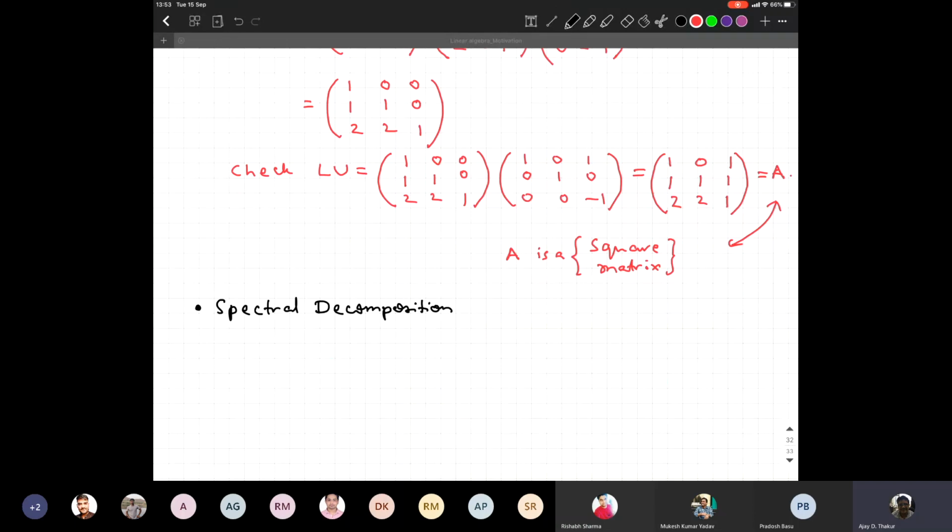So the next decomposition that we are going to look at, we can call it a spectral decomposition, and this has deep connections to quantum mechanics. So therefore it is kind of relevant.